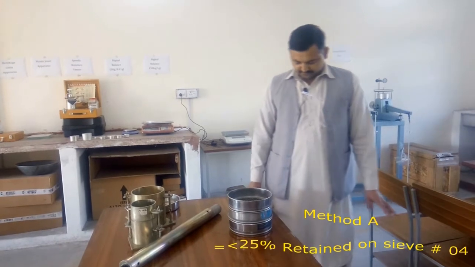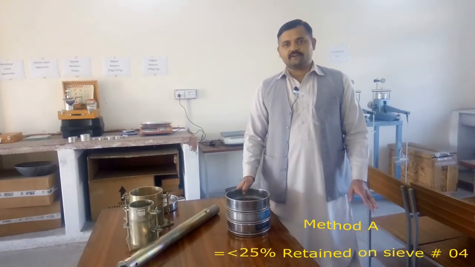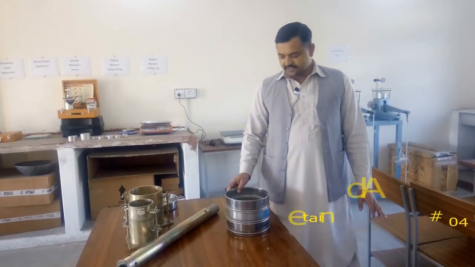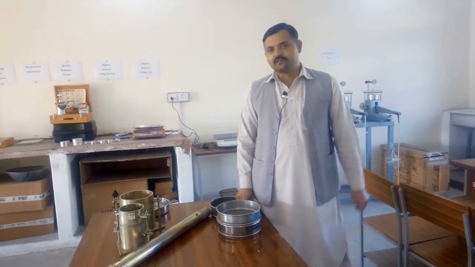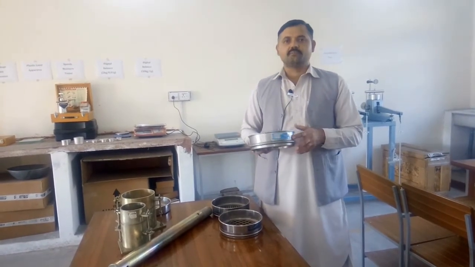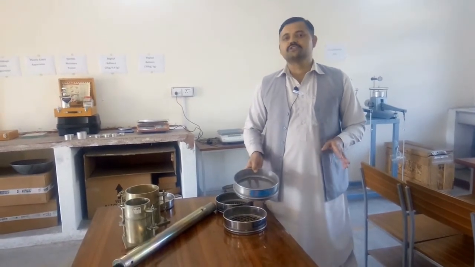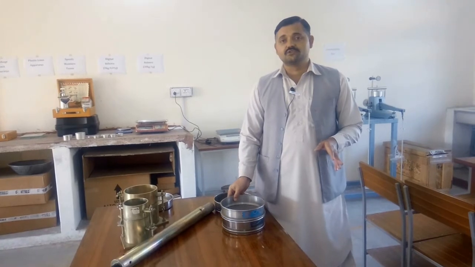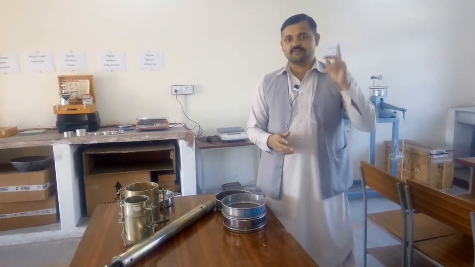Let's suppose equal to or less than 25% of the material is retained on sieve number 4, then method A will be used. In method A, we will use material passed through sieve number 4 and follow the same procedure I discussed with you in the standard Proctor compaction test. You can watch my previous video, the link is given in the I button.